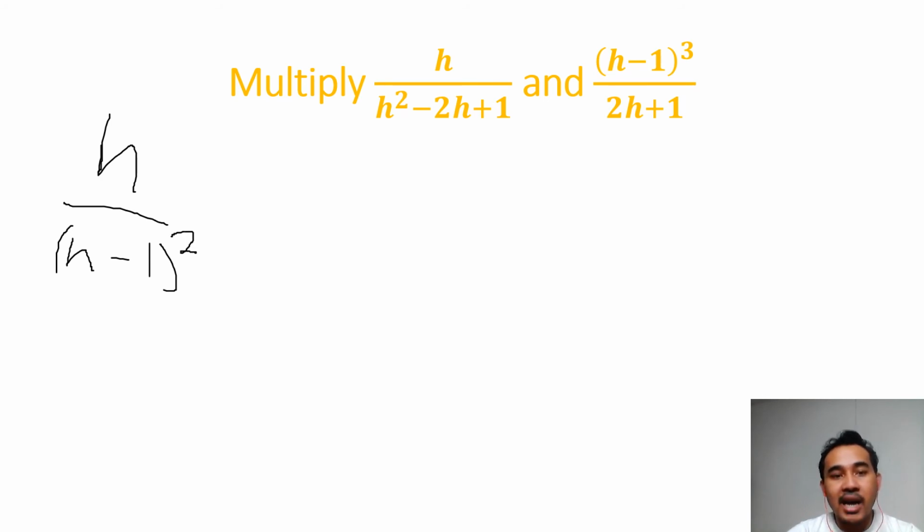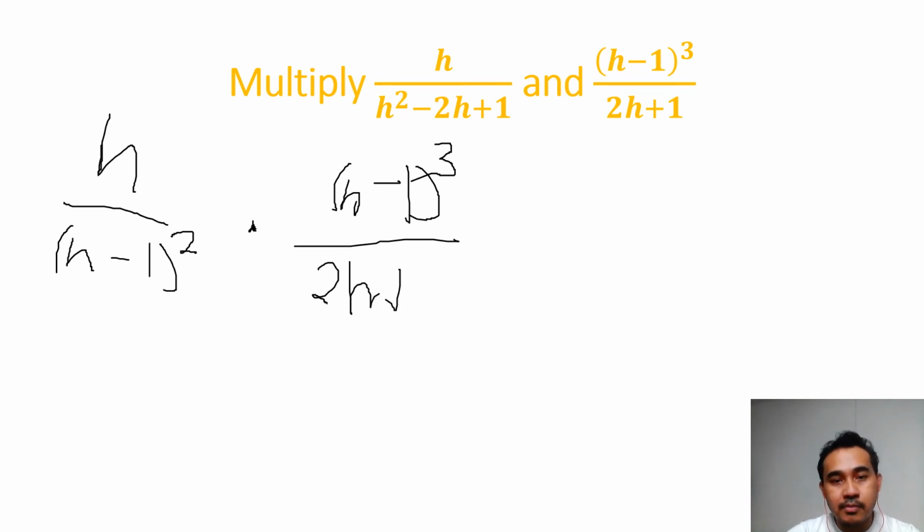And then multiply. So you have the cube of h minus 1, and then you have the denominator 2h plus 1. Now, working on that, you can cancel because it's a binomial, it makes 1.